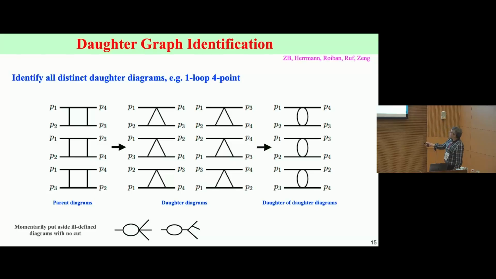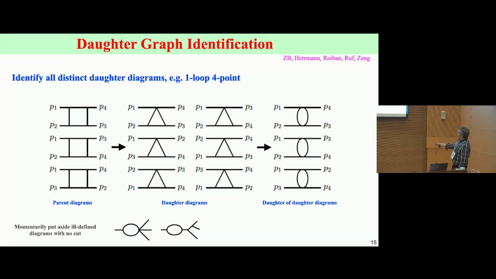So you take this diagram and you pinch it in all ways, which gives you 4 daughters. You'll find them in here. Here's a different labeling. You pinch that in all different ways, removing one propagator, and then you write down all the independent ones. This is the set of independent ones. There are 6 of them.